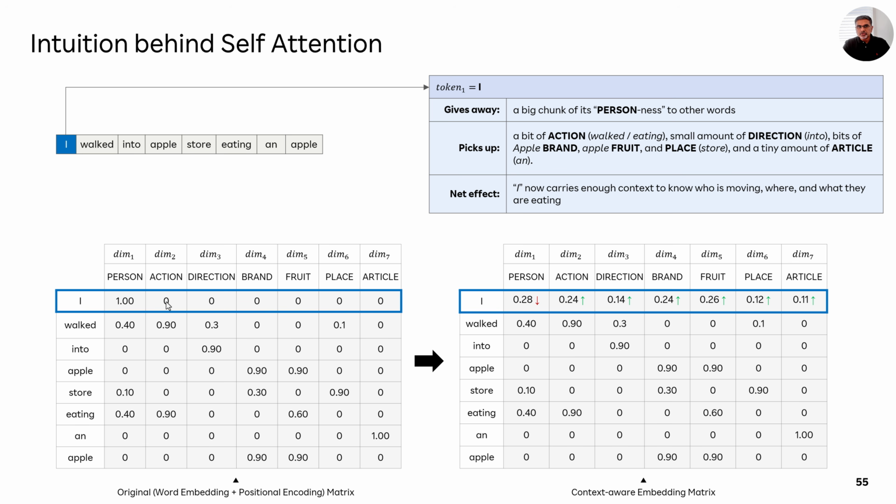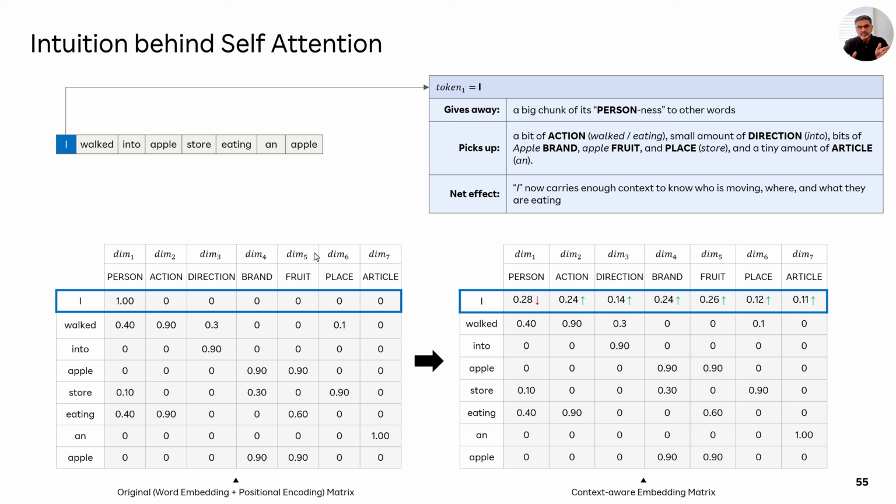And in the original one for the word I, there's no direction. I also need to borrow from the other words that I am walking in a certain direction. So I want to borrow that. I'm walking into the store, for example, right? And then the next one is you also want to borrow a little bit of value from brand, a little bit from fruit, and so on. The net effect is what?